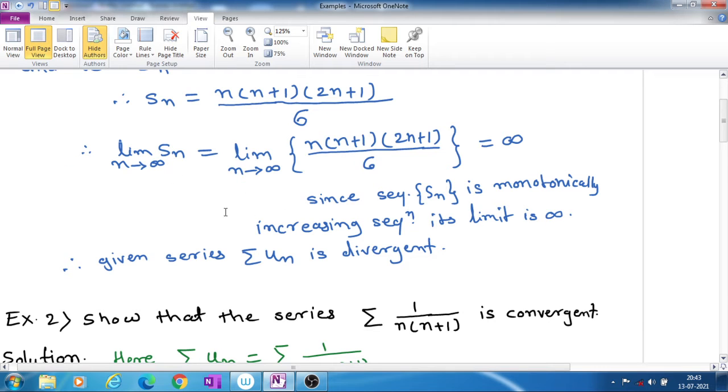Therefore this sequence Sn is divergent, since it has no finite limit, and since the sequence Sn is divergent, we can say that our series Un is also divergent.